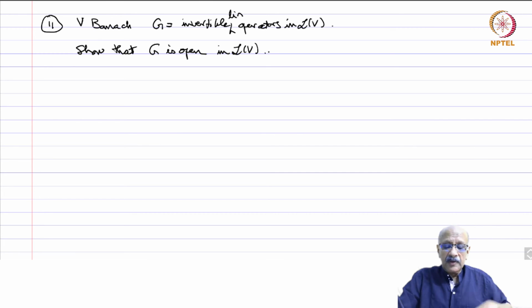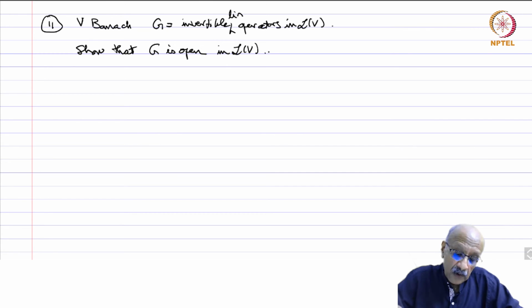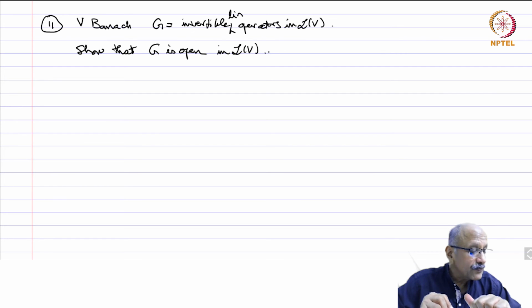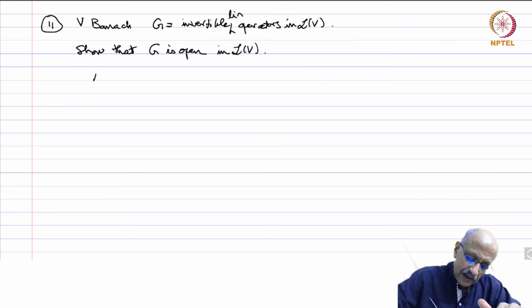This is the infinite dimensional version of the matrix problem which we saw earlier. In the case of matrices in L of R^n, we saw that just the determinant helped us: the determinant not equal to 0 gives the invertible elements, and therefore we immediately got that it is open. Now we want to show that G is open, and we do not have the notion of a determinant. So let us take A in G.